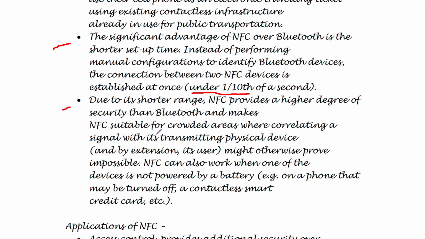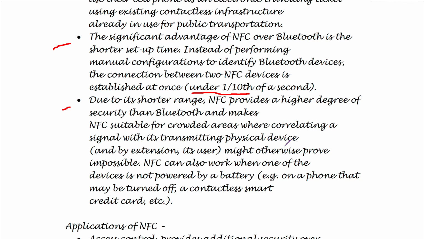Due to its shorter range, NFC also provides a higher degree of security than Bluetooth and makes NFC suitable for crowded areas, where correlating a signal with its transmitting physical device might otherwise prove impossible. So because NFC has a very short range of communication, you can easily use the NFC technology without having to actually try to find the signal of the transmitting physical device.